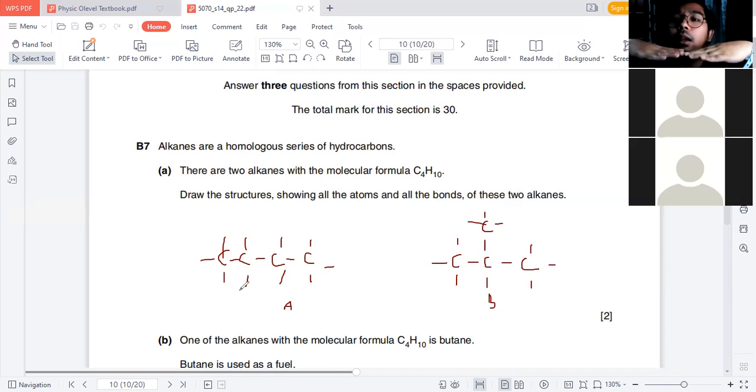The reason is that the flattened one has a high contact area, so it can have more van der Waals interactions or intermolecular forces compared to the spherical shape. The spherical one has fewer contact points, so less intermolecular forces. So the melting and boiling point would be higher in A, lower in B. Okay, that's good.